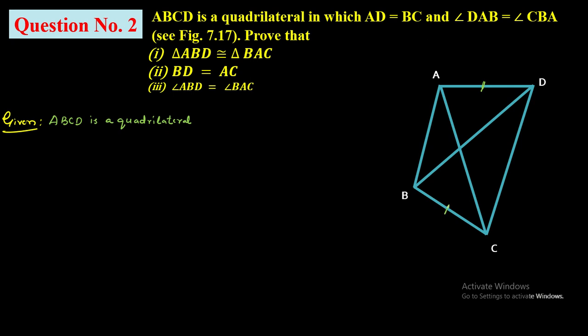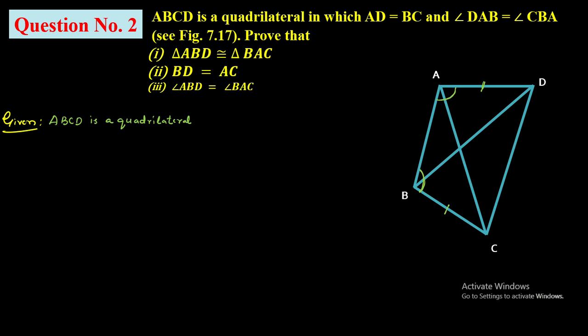It's given that AD is equal to BC. Also, angle DAB, that means this whole angle A, is equal to angle CBA, this angle B. Angle DAB is equal to angle CBA.